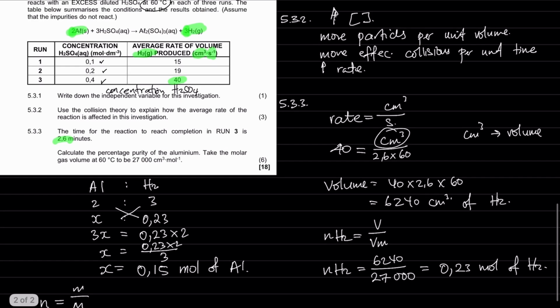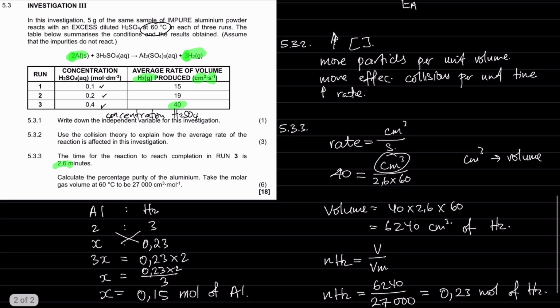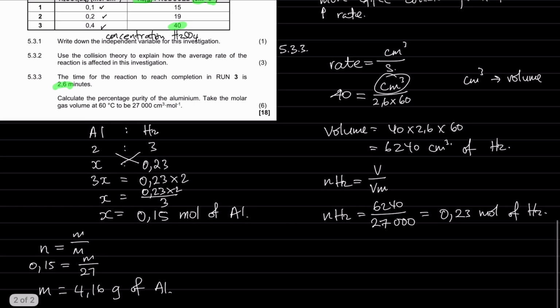Now remember, they told us at the beginning that they used 5 grams of aluminium, but only 4.1 grams was pure. So to calculate the percentage purity, that's going to equal the mass that's pure, the 4,16, divided by the total mass, times 100. And that's 83.2%.